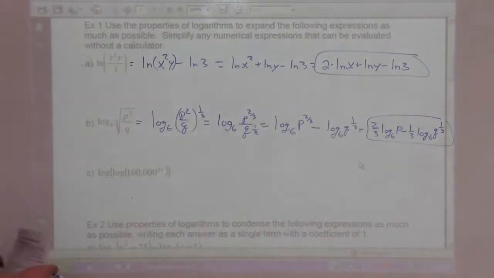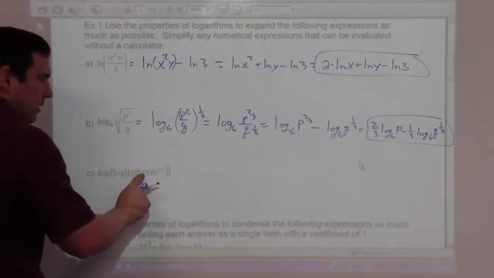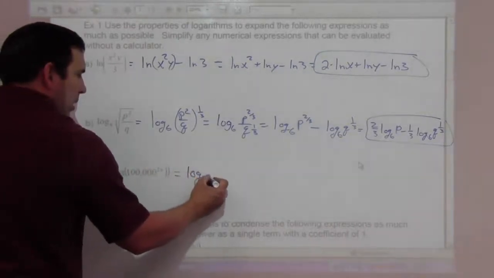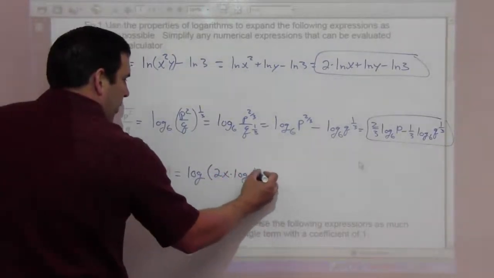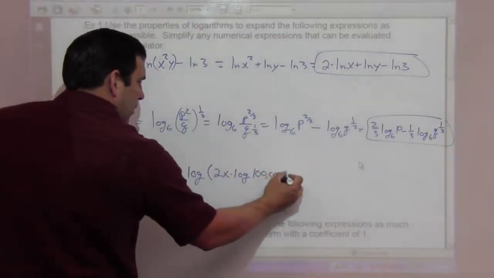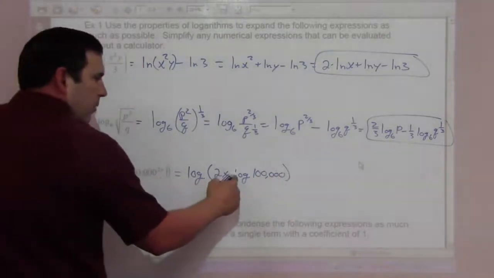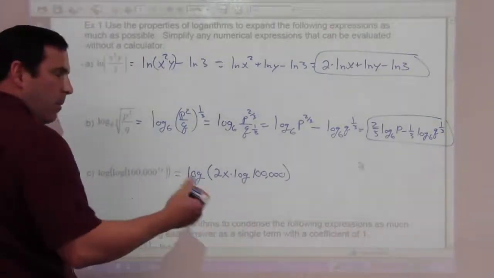Oh, look at this last one. This is the common log of 100,000 to the 2x. So treat this as 2x times the common log of 100,000. Now, I just brought this power out front. Now, common log of 100,000, 10 to what power is 100,000?